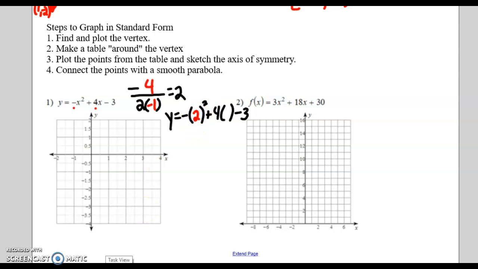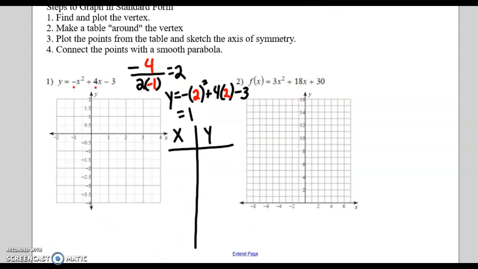Negative 2 squared, or 2 squared is 4, and make it negative, so that's negative 4. 4 times 2 is 8, so negative 4 plus 8 is positive 4, and then 4 minus 3 is 1. You can also use a calculator. So that's my vertex at 2, 1.